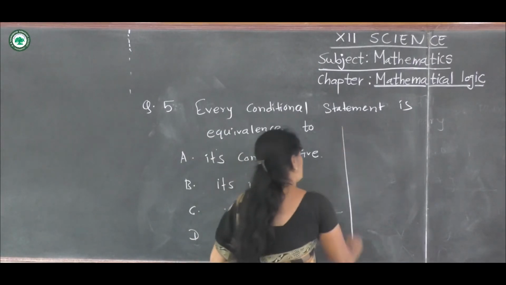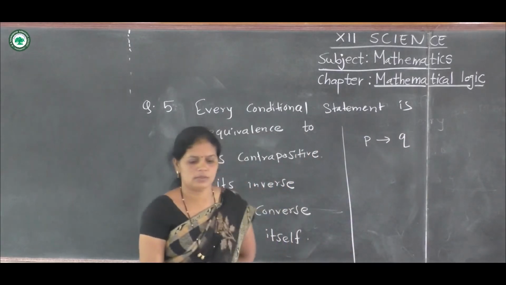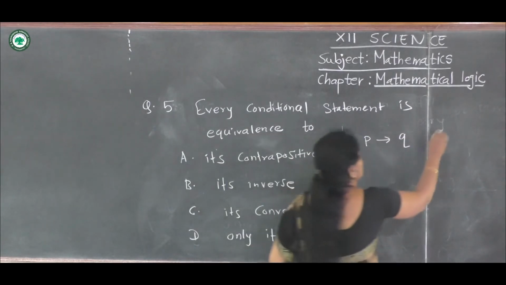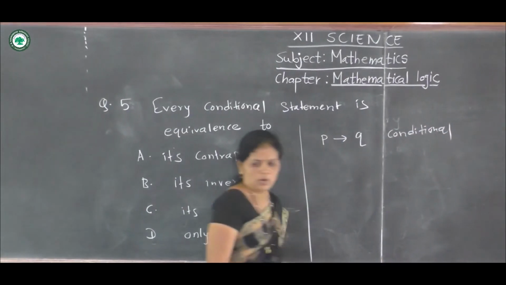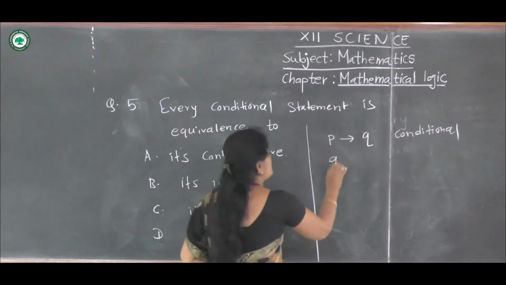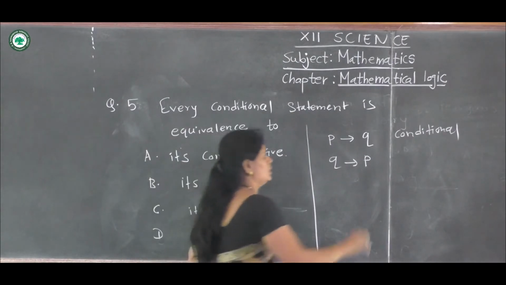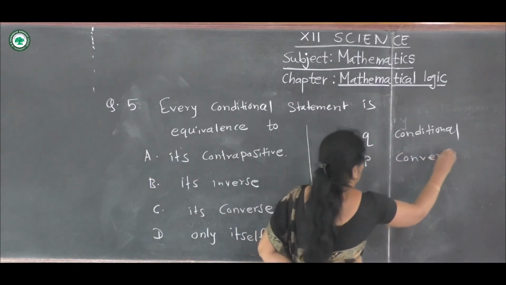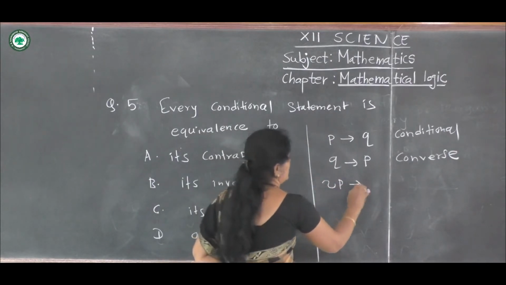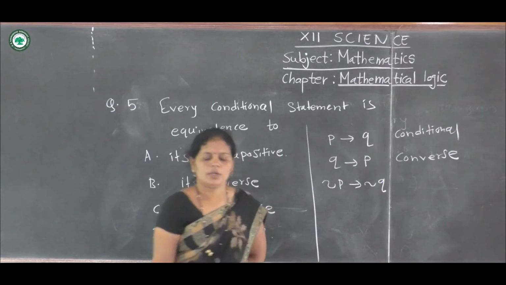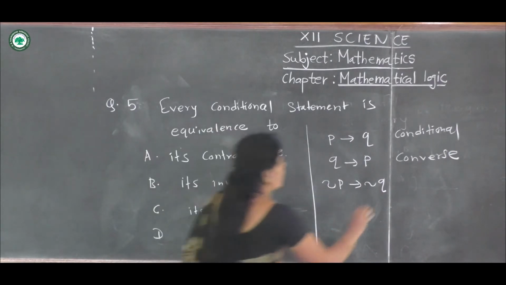We know the theory part. P implies Q is the conditional. Q implies P is the converse. Negation of P implies negation of Q is the inverse.